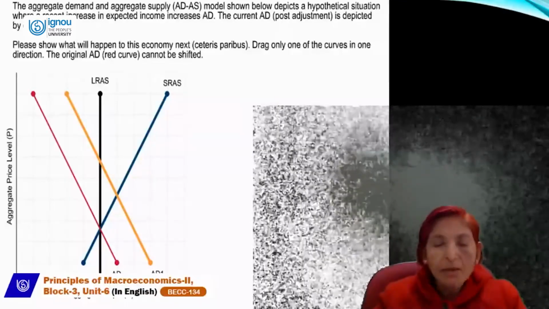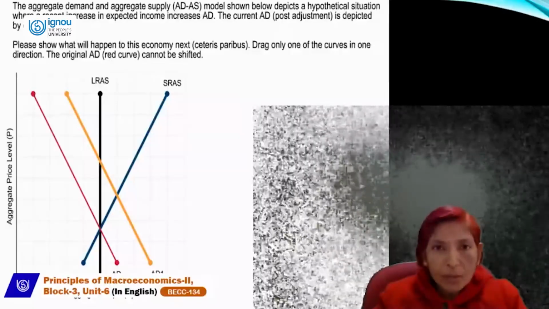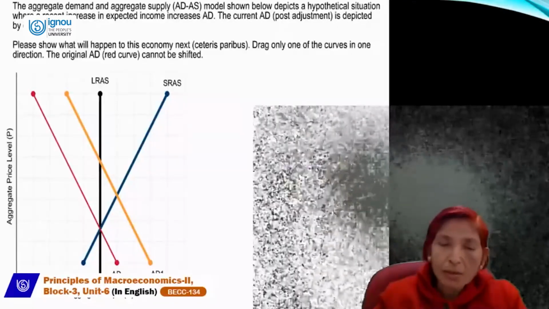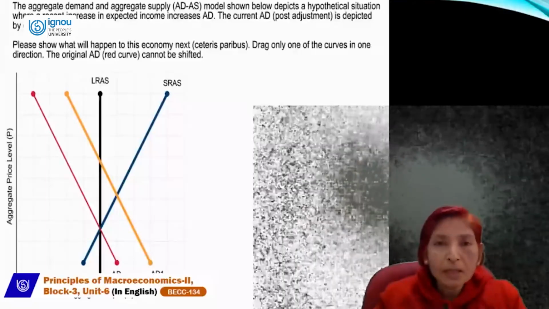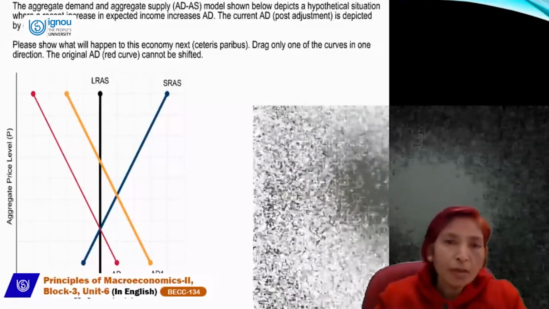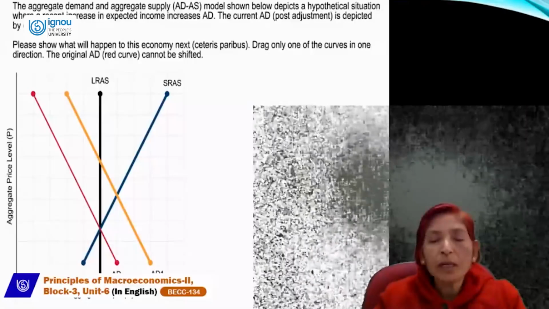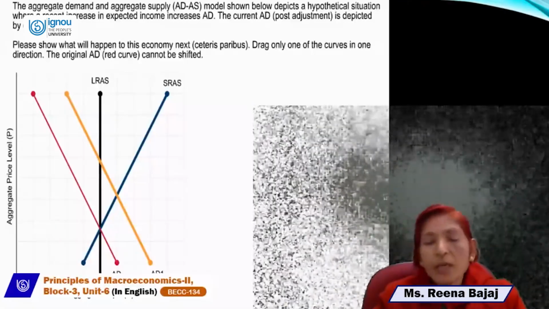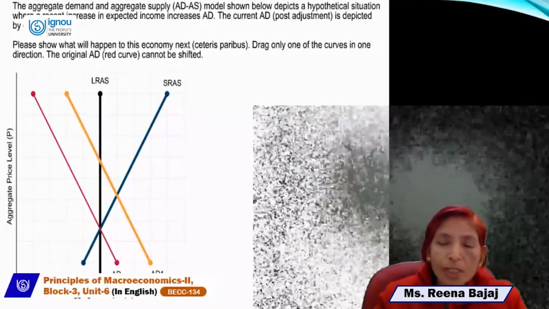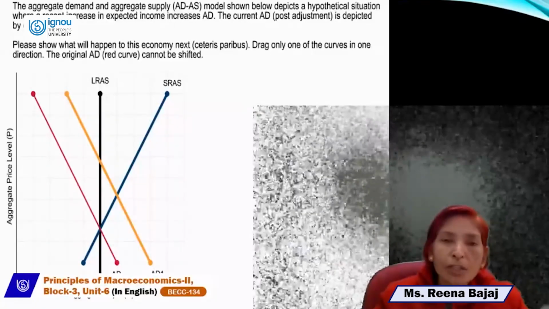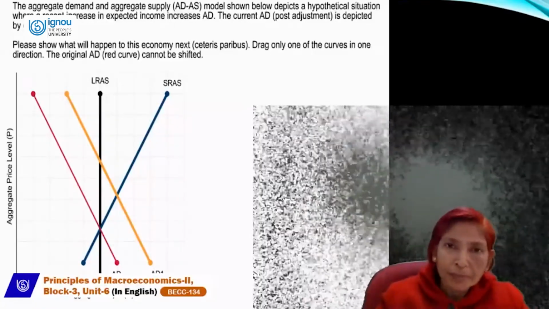On the other hand, if government follows contractionary fiscal policy, in this case, government will impose more taxes, government will collect more revenues, but spend less on welfare activities. In this situation, government expenditure will fall, and due to the fall in government expenditure, public income will fall, and their purchasing power will also fall. In this situation, the aggregate demand curve will shift to the left hand side.